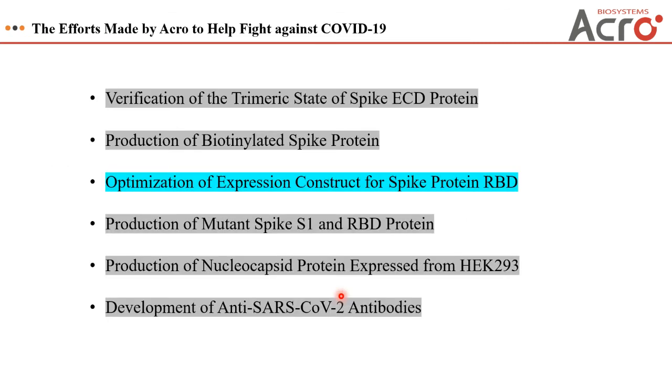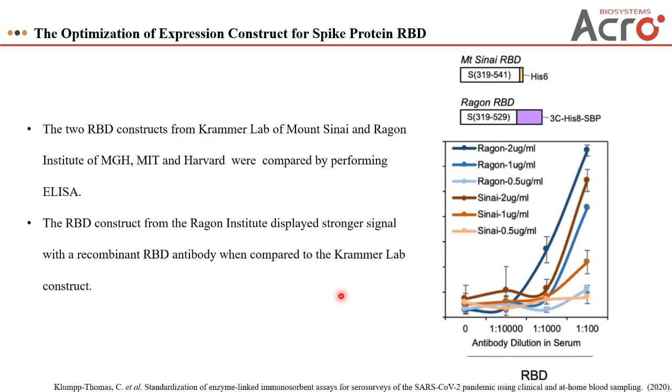Next, we'll discuss the importance of expression construct for RBD in serological test development. Recently, a paper published by NIH has shown that different RBD constructs have distinct signal when used in developing serological ELISA assay. The 2 RBD constructs from Krammer lab of Mount Sinai and the Reagan Institute were compared, and the construct from Reagan Institute displayed stronger signal with a recombinant RBD antibody.